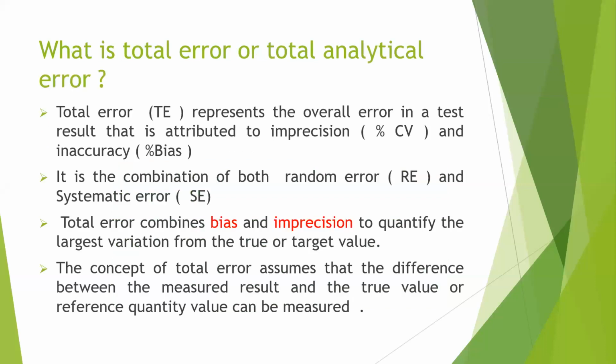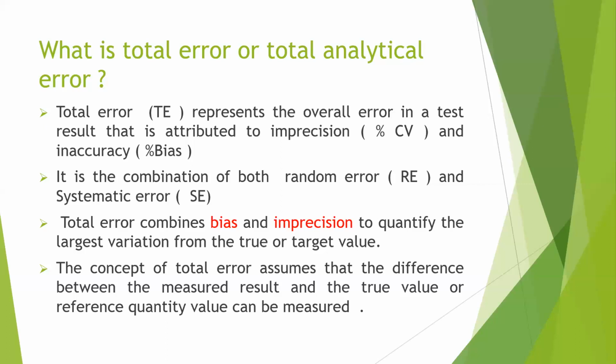Now we need to understand the concept of total error or total analytical error. Total error, in short form often written as TE, is the overall error in a test result, which is attributable to both the imprecision and the inaccuracy. Imprecision is usually expressed as percentage CV, that's coefficient of variation, and inaccuracy is usually expressed as bias percentage.